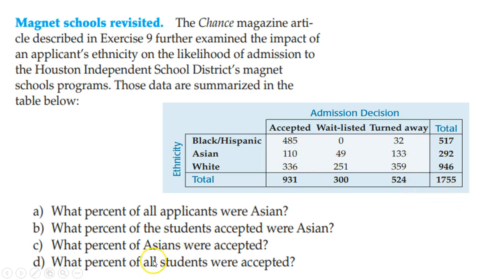Well, because it says what percent of the students. It doesn't say what type of students. And what percent of Asians were accepted? Just Asians were accepted. And then what percent of all students were accepted? All students accepted. All right, so we can figure that stuff out there as well.